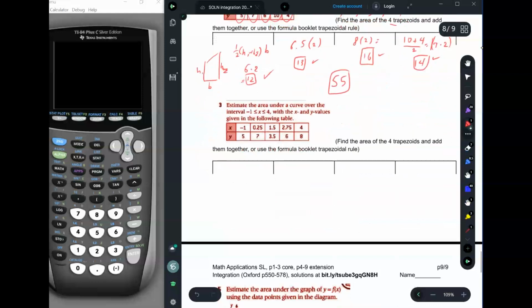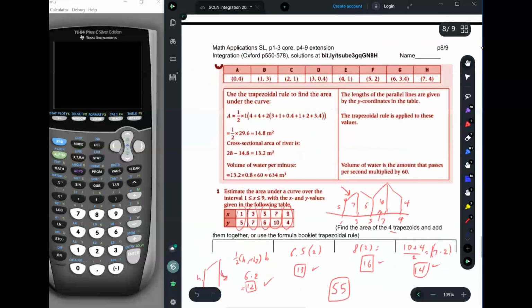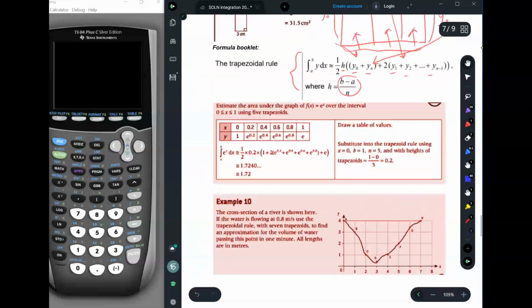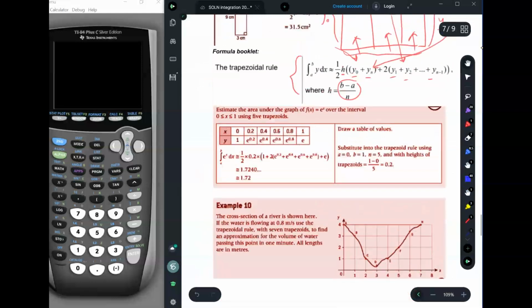For number 3, we're going to use the formula. And remember, the formula is something like 1/2 times the width, and then we have all the heights added together, and the middle heights are multiplied by 2.